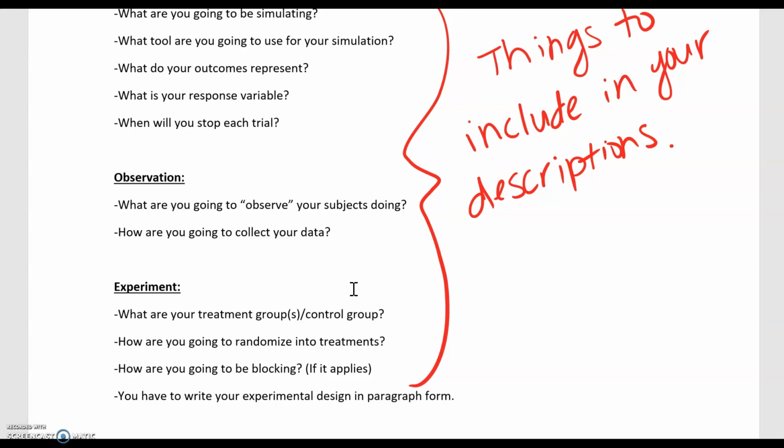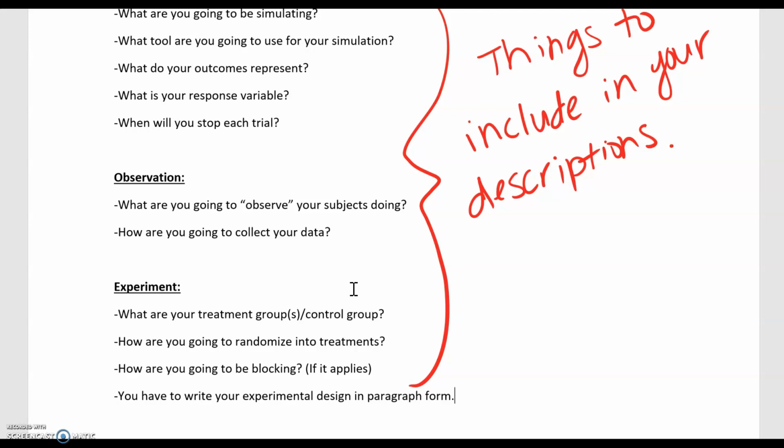In the video last night, you watched how to create an experimental design. The video showed you mostly how to use the diagram, but the diagram is just used to help you write the paragraph.